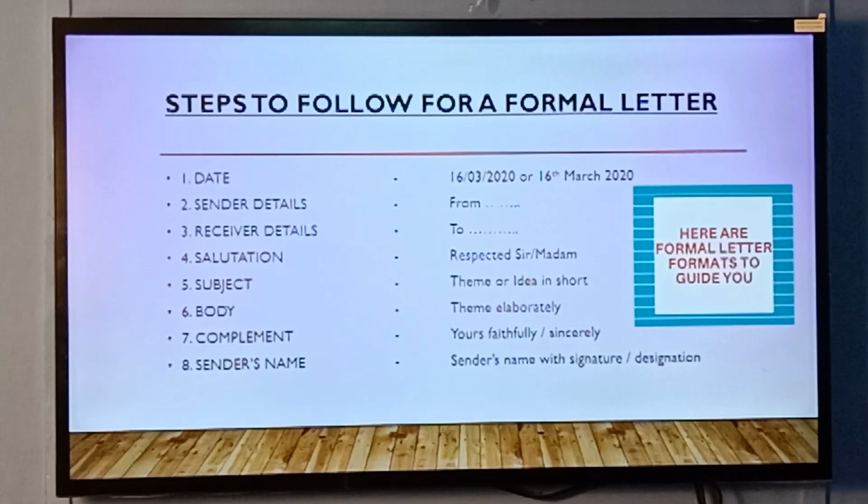The second most important thing is the sender details, that is the from address. The person who is writing the letter and his address should be written here. Next comes the receiver details, that is the to address, to whom we are writing and his or her address. Fourth one is the salutation, that is respected sir or respected madam.